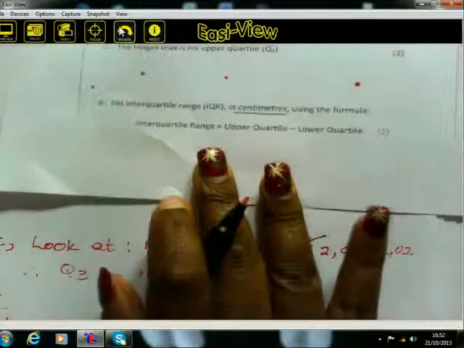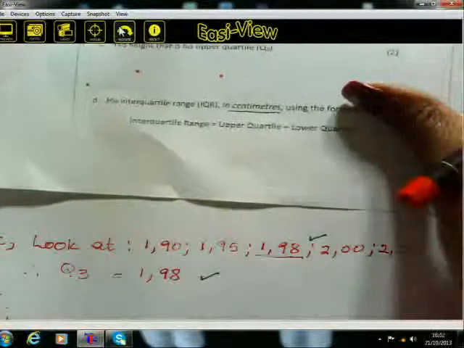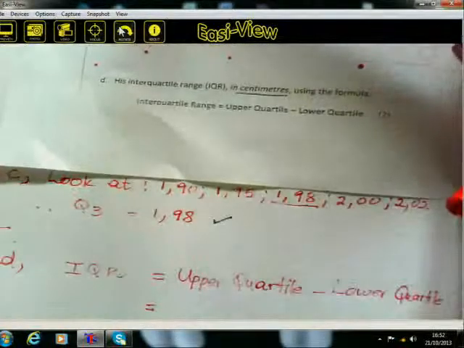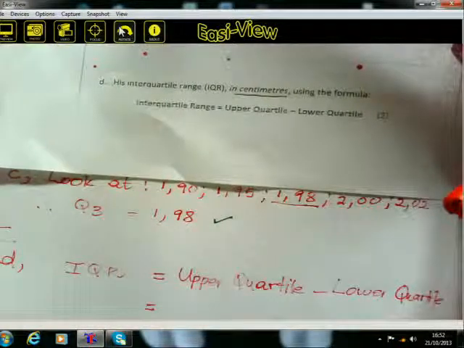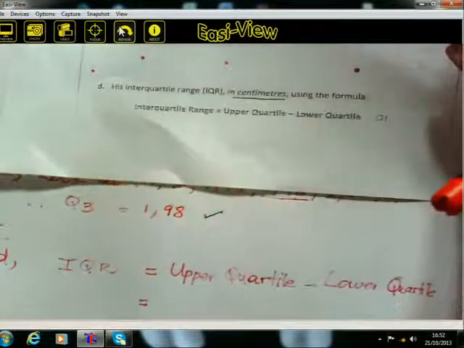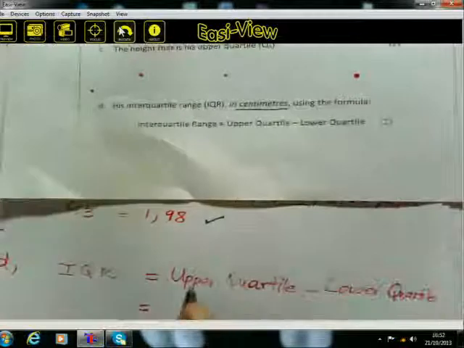So check what your higher or upper quartile is. Your upper quartile will be 1,98. Can you see that? Yes. Let us write it down.